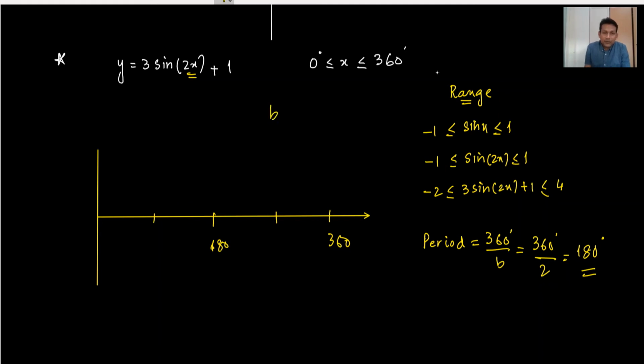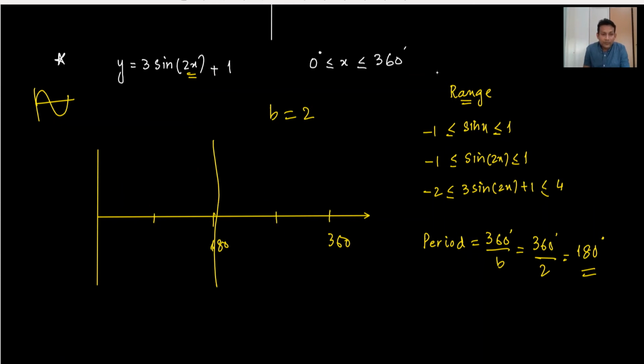When b is 1, this is the complete curve, like this is a simple curve. When b is 2, it means you will have, at 180 degrees, the same sketch of normal sine sketch, which will end here at 180 degrees. But when the domain is 360, your b's 2 sketch will be completed at 180 degrees, but your domain is 360, which means you have to make it 2 times.